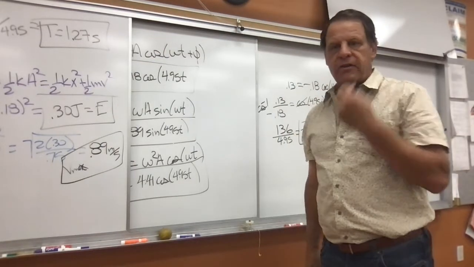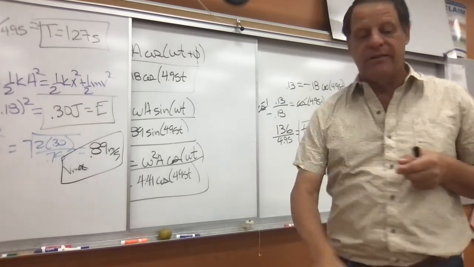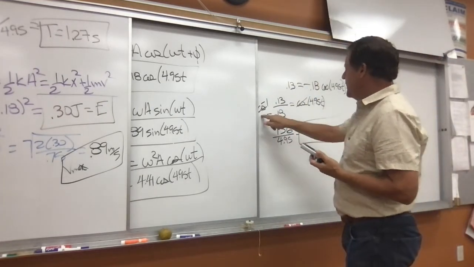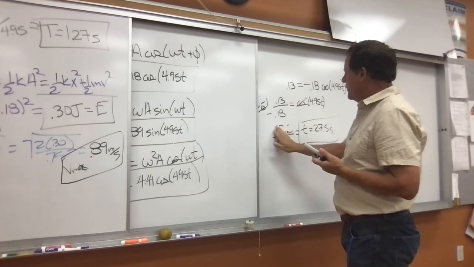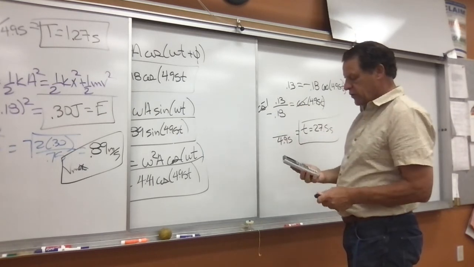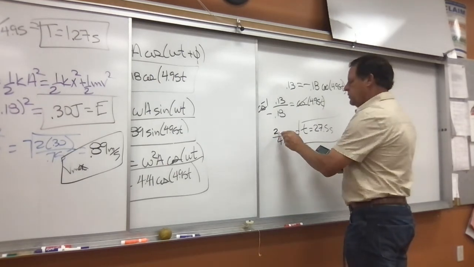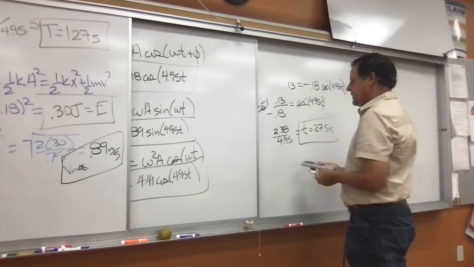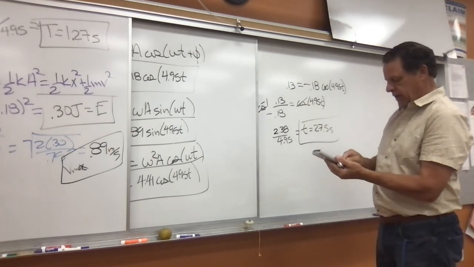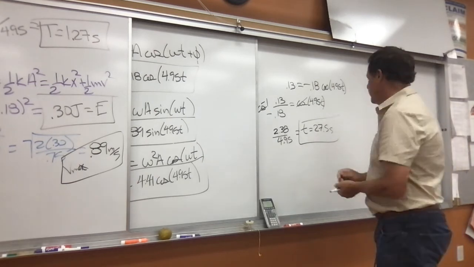All right, as is usually the case, remember this has got to be in radians and my calculator was in degrees, all right? So when we take the inverse cosine of 0.13 over a negative 0.18, we are going to get 2.38. And now we're going to take that divided by 4.95, and we're going to get 0.48 seconds.